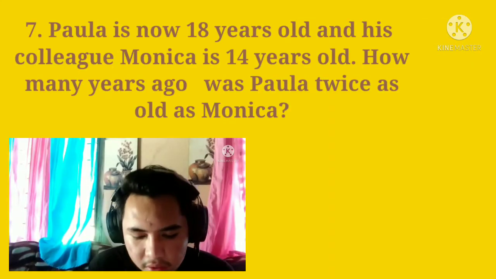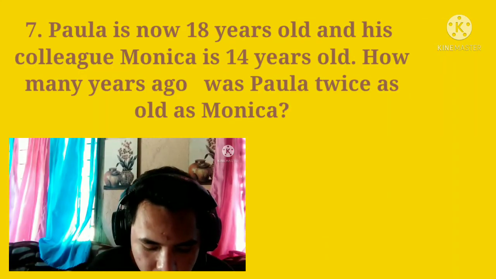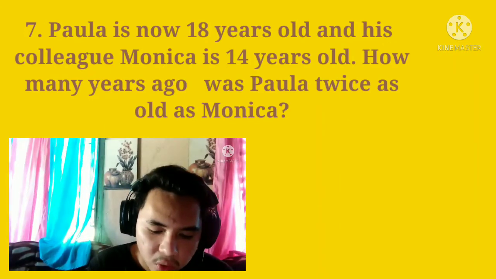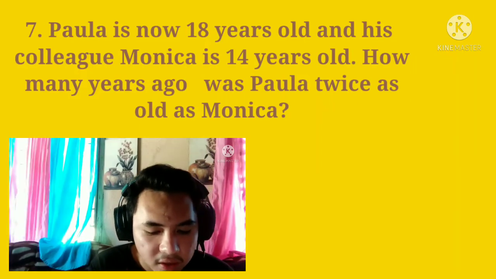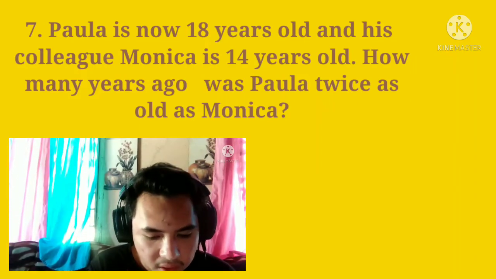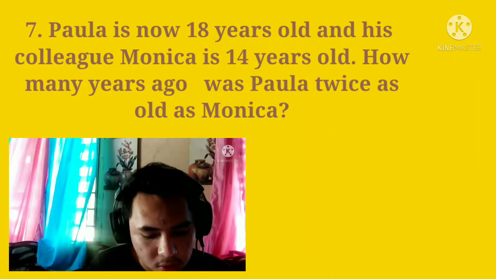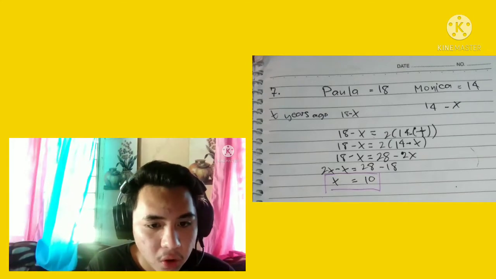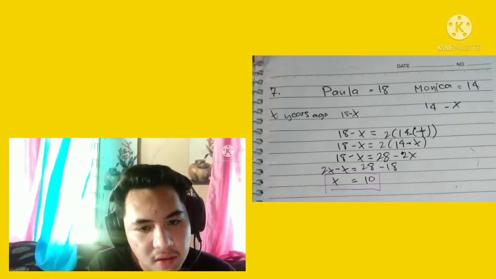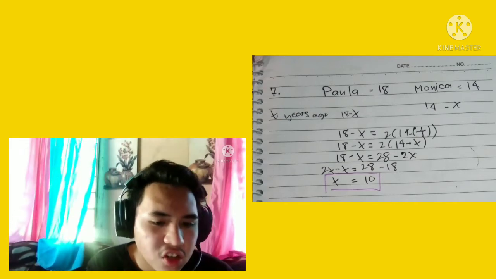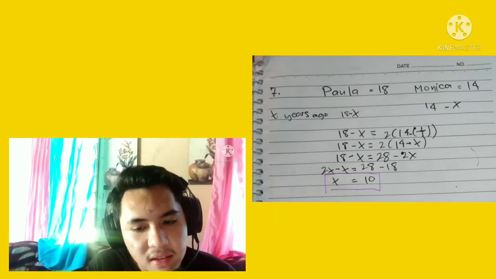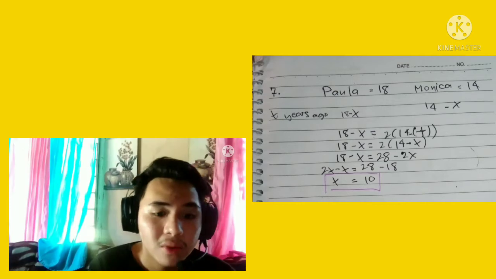So in number 7, Paula is now 18 years old and his colleague Monica is 14 years old. How many years ago was Paula twice as old as Monica? So Paula is 18 and Monica is 14. So x years ago, it is 18 minus x and 14 minus x, because we do not know how many years ago.